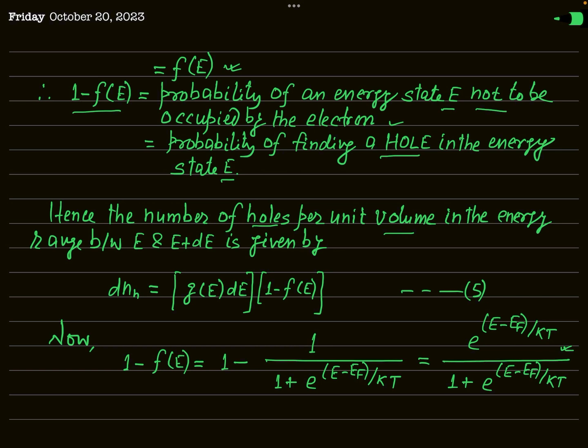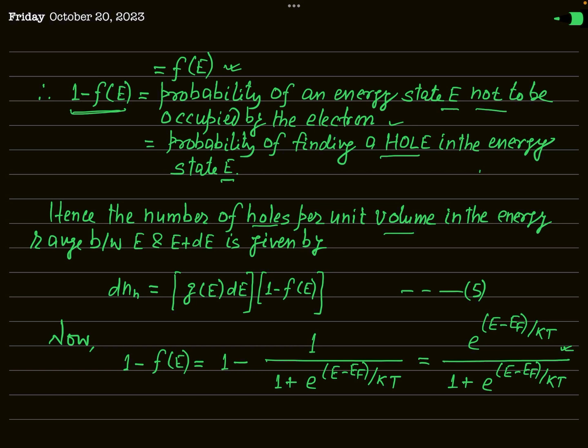When you say probability of an energy state E not to be occupied by the electron and probability of finding a hole in the energy state E, both are same. You are talking about the same physical condition, because where there is no electron, there is hole. So this 1 minus f of E is the measure of probability of finding a hole in the energy state E. Okay?